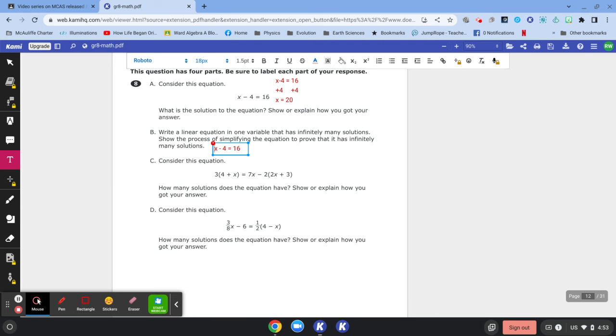What I'm going to do is I'm going to say 4x minus 4 plus 20. And then over here, I'm going to say 16 plus 2x plus x.